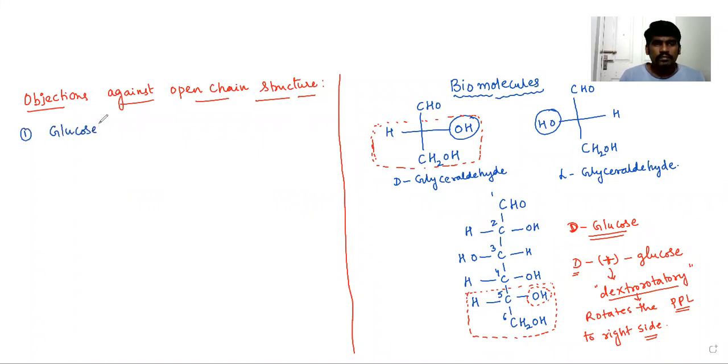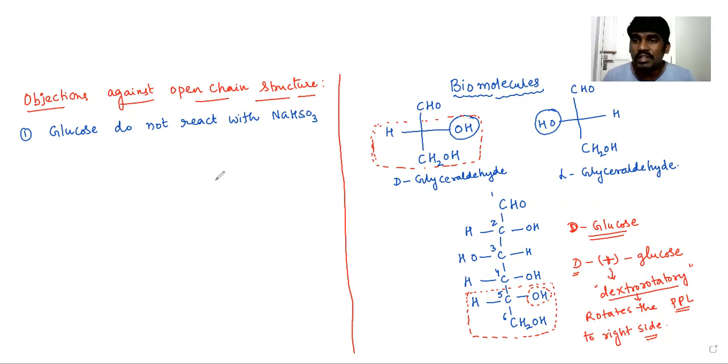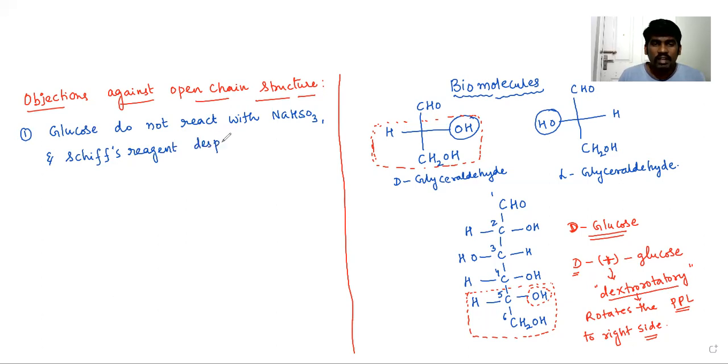Glucose does not react with sodium hydrogen sulfite, or sodium bisulfite, and Schiff's reagent. It does not react with NaHSO3 and Schiff's reagent despite having an aldehyde group.